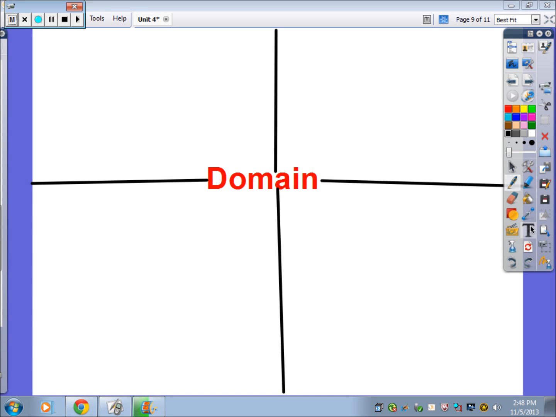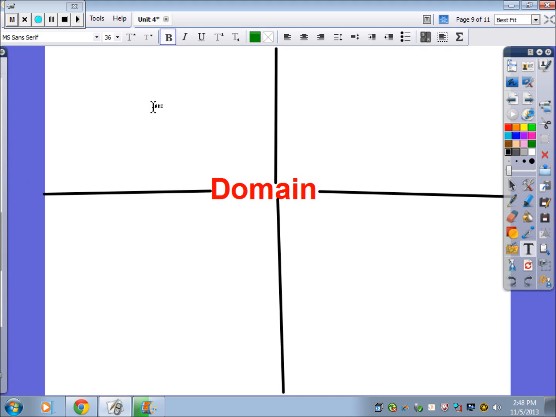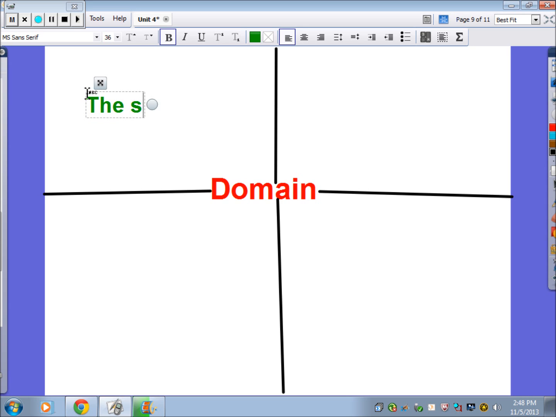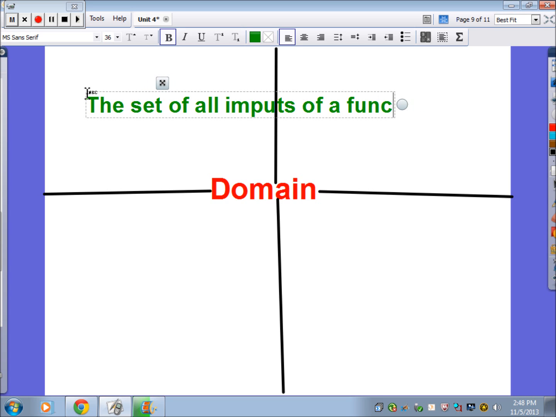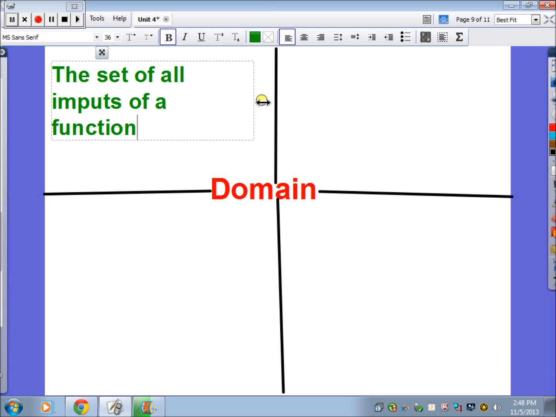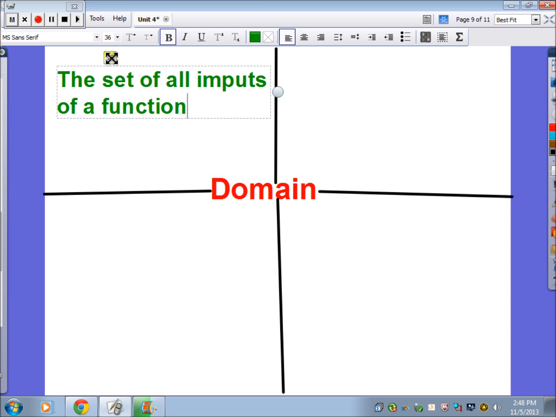Alright, so now you're going to take your other two Frayer models and write domain on one of them. For domain, our definition is going to be the set of all inputs of a function. Make that nice and pretty.